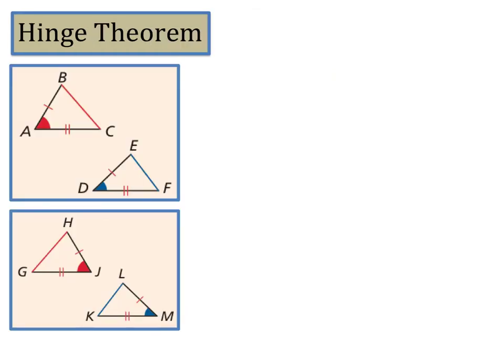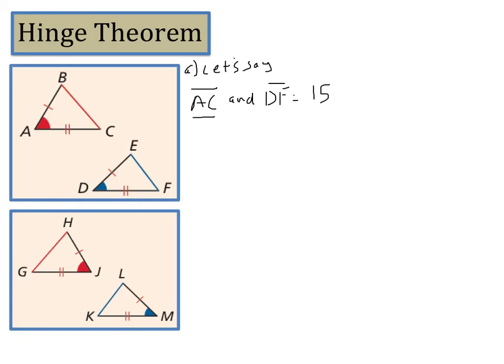So we just looked at the triangle inequality theorem of one triangle. Now let's look at inequalities in two triangles. So let's first start off with image A. Now in image A, let's say that segment AC and segment DF both equaled 15.